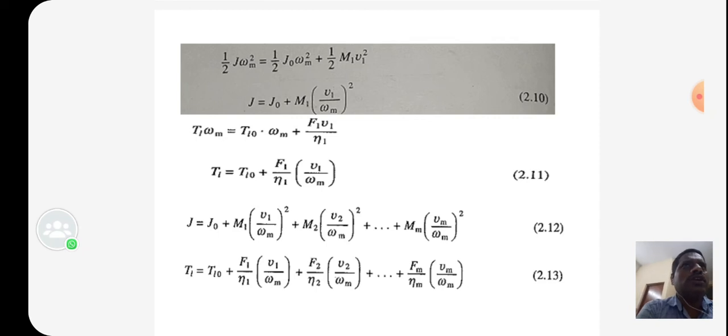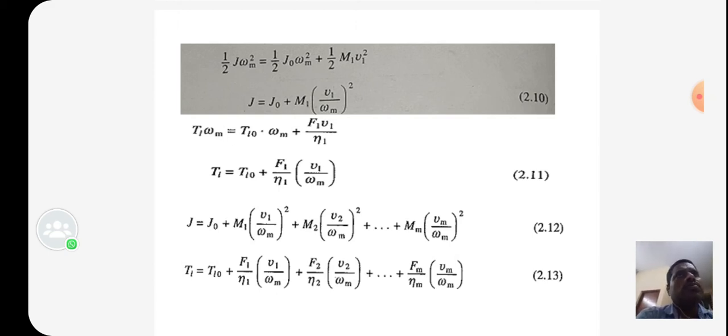Now we resolve it, and we find that TL is equal to TL0 plus f1 upon eta 1 within bracket v1 upon omega m. This is the equivalent equation of the load torque.